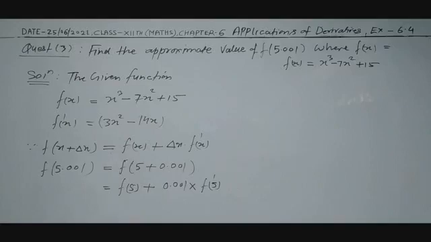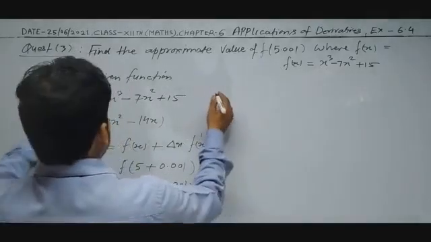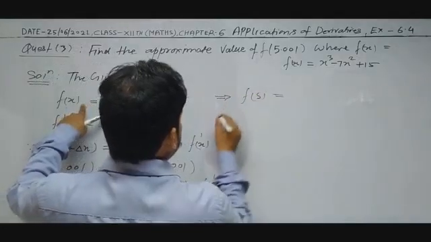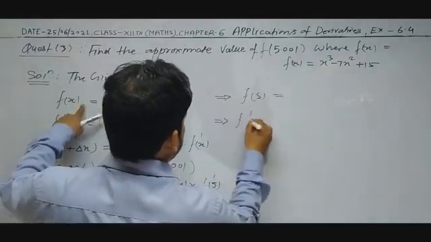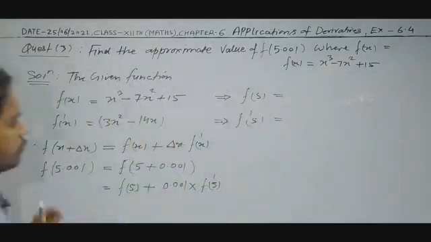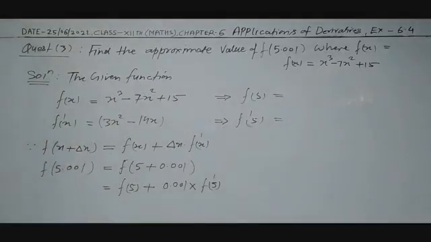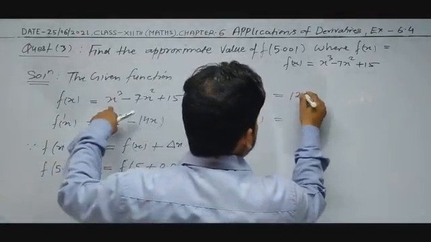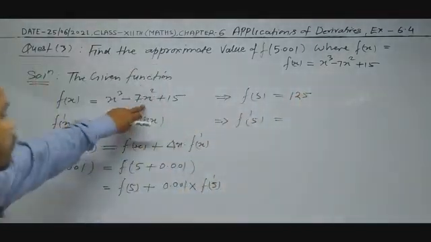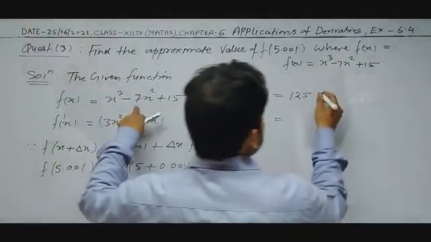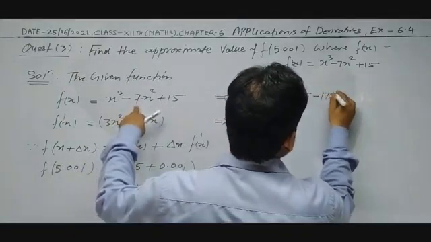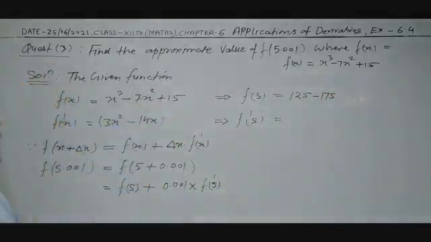So now from this expression you can calculate f of 5, and from this f dash of 5. So f of 5 result will be 5 to the power 3, that is 125, minus 25 sevens are 175, now plus 15.